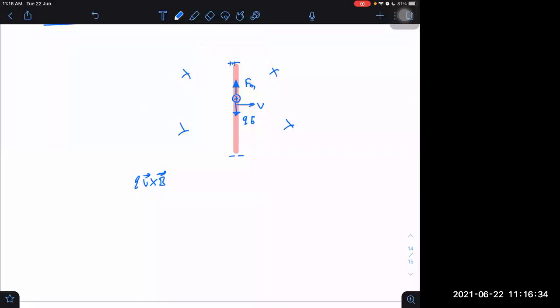VB, sir, electric field from positive to negative.